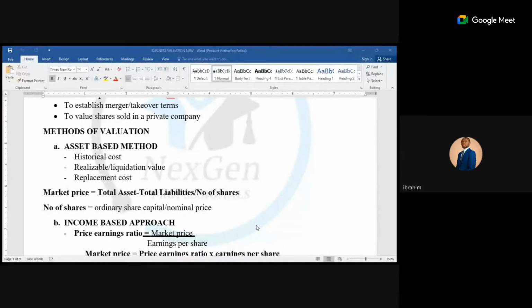If we have the asset-based method, under the asset-based method, we have the historical costs, the realizable, and the replacement cost method. The question will tell you what to do, whether using the asset-based or other method.